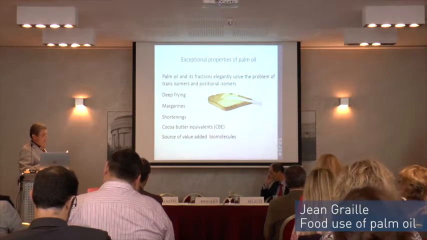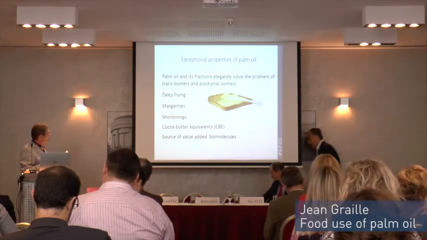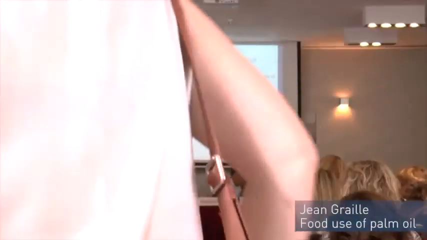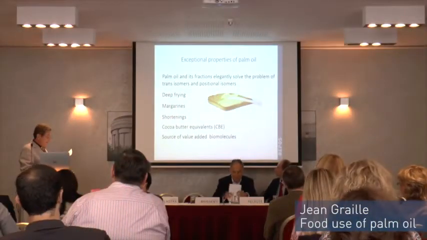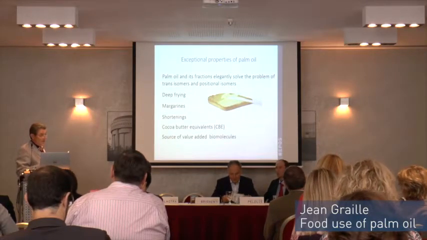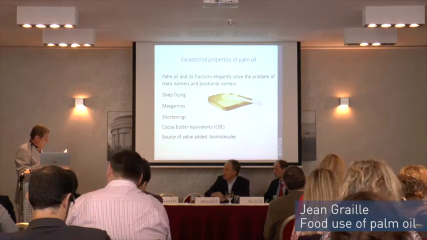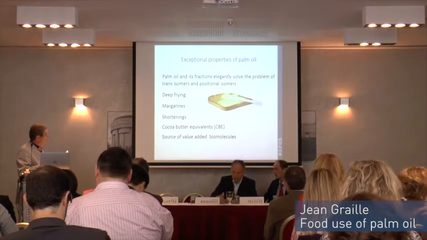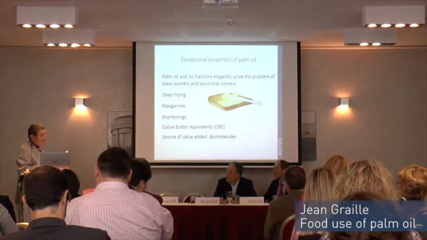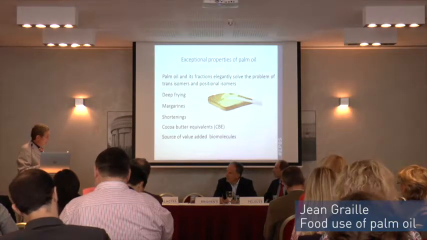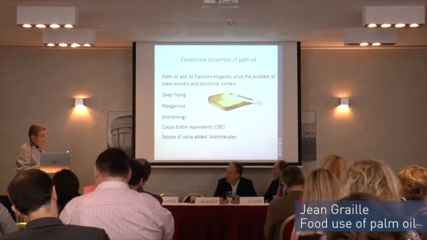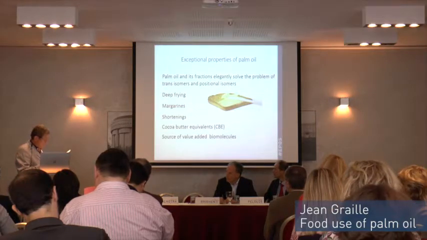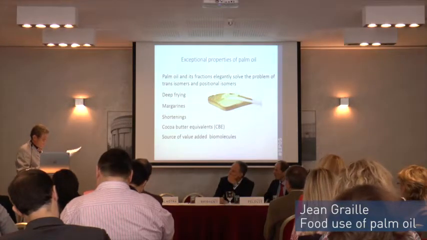It's appreciated also for shortening, which is an anhydrous fat for pastry. And it's very interesting also to make, as shown by Albert Dijkstra, a cocoa butter equivalent. The EU allows putting 5% of this CBE in cocoa butter to make chocolate. And also, of course, it's a source of value-added biomolecules.